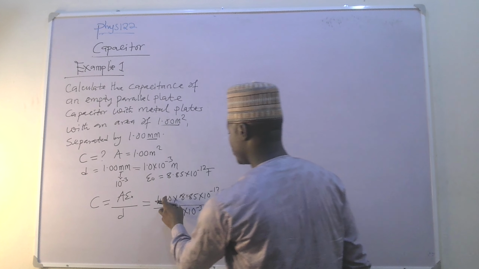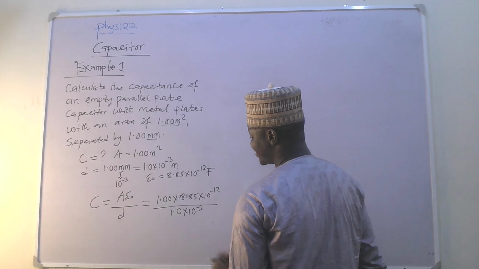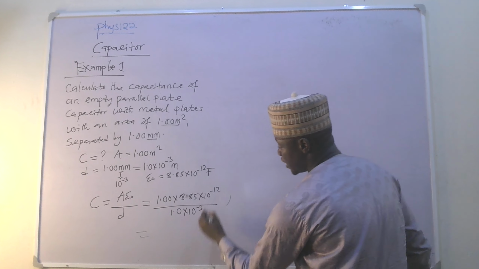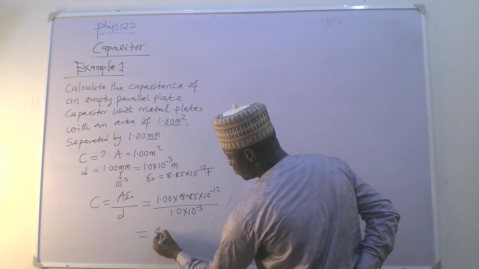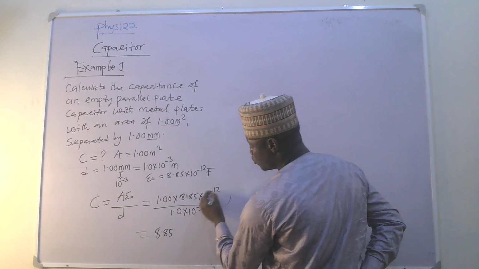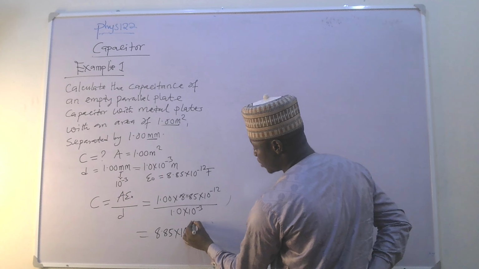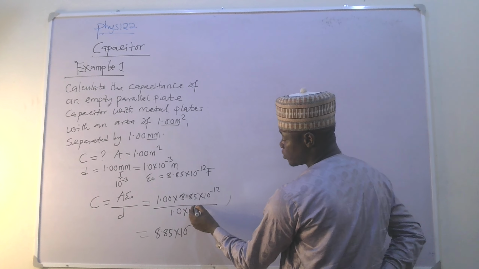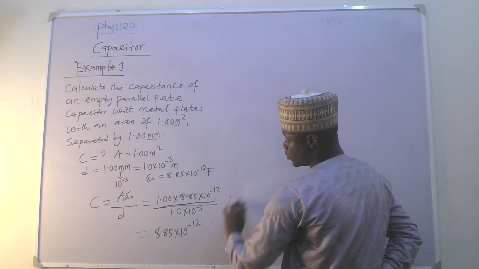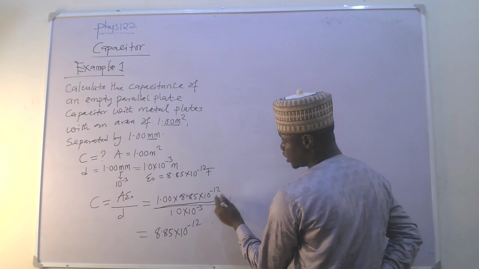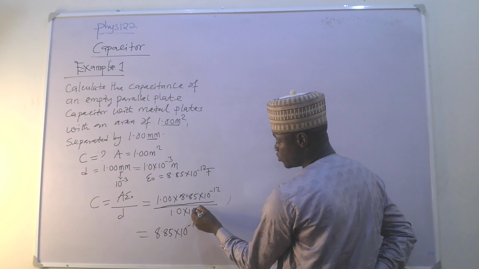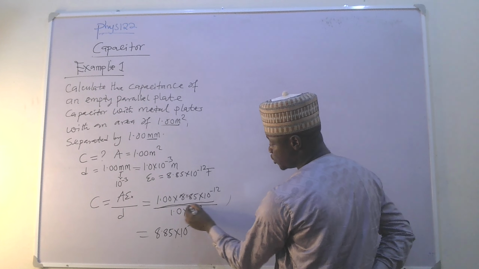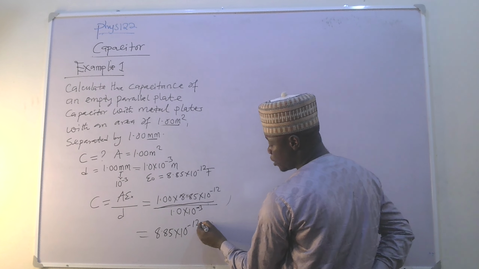So 1.00 divided by 1.00 is 1. So therefore it is only this one that will take this. Remember from indices, when we have 8.85 times 10 raised to the power of minus 12, and in the indices, whenever you have a division, you take this 10 to the other side, and the division in indices is the same thing as minus.